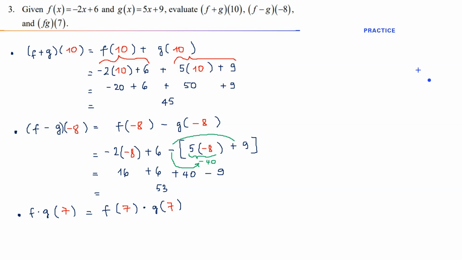Now f of x is, put in the big bracket, f of x is -2x plus 6, close the bracket. Multiply by g of x, which is 5x plus 9, close bracket. The x is equal to 7, so we plug 7 in.